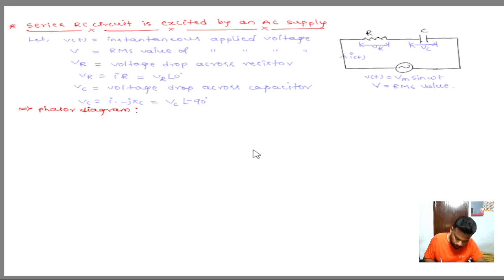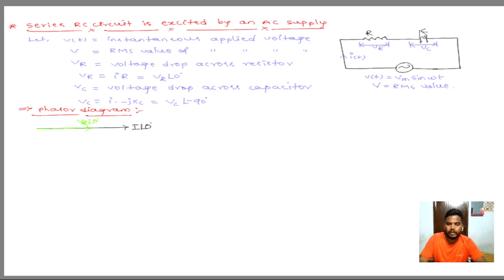We know it is a series circuit, so we take current as the reference phasor, drawn on the x-axis with phase angle 0. Then we draw the voltage drop across the resistor, which is in phase with current I, because in a pure resistor voltage and current are in phase.